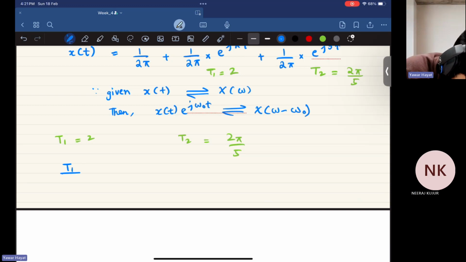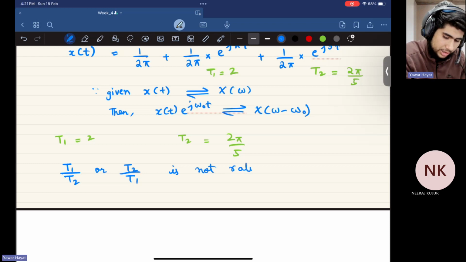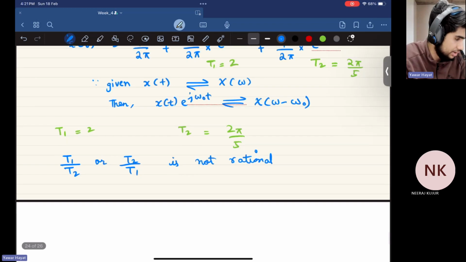This t1 by t2 or t2 by t1 is not rational. It's irrational in this case.